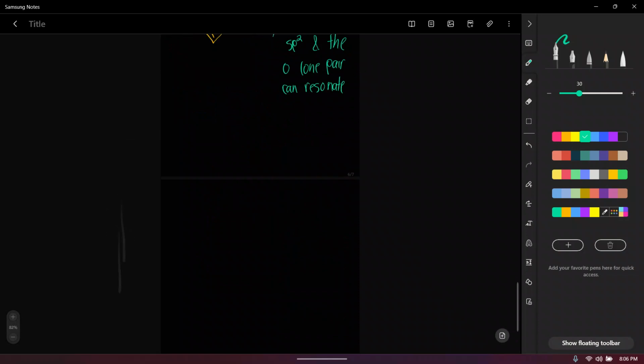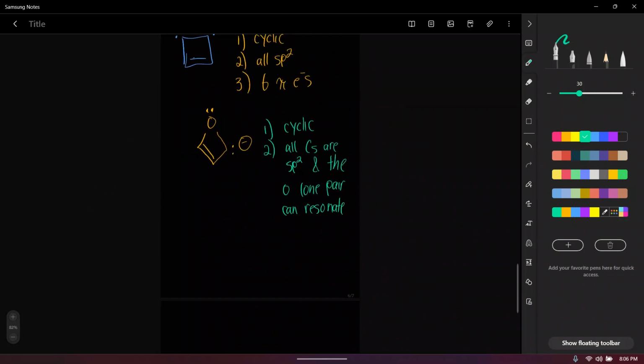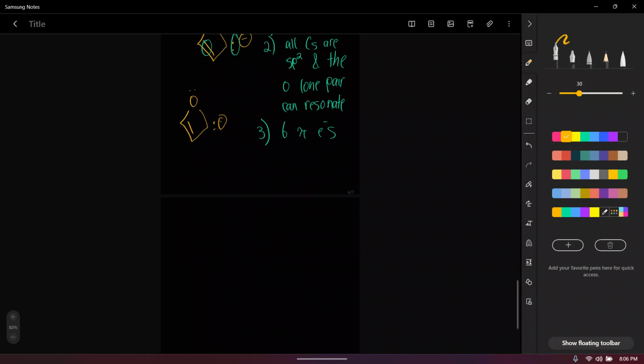They go hand in hand. All right, and then obviously if we count again, we would have 1, 2, 3, 4, 5, 6. So there would be 6 pi electrons here. So that molecule, I've now kind of written all over it, but again, I know it looks kind of silly, but that molecule right there would also be aromatic. Okay.